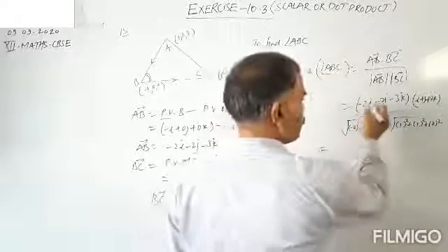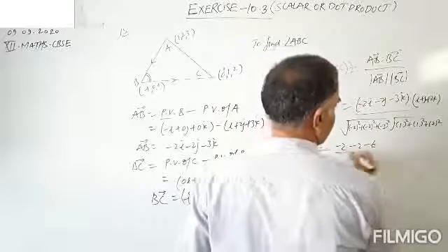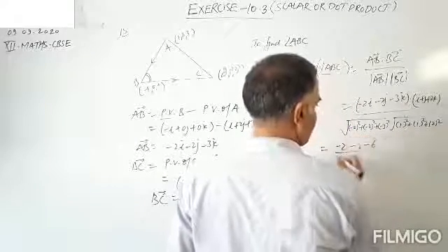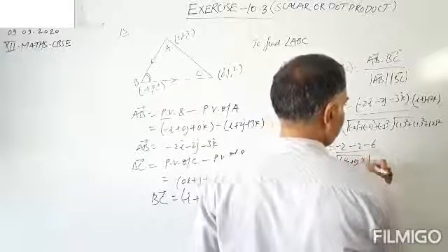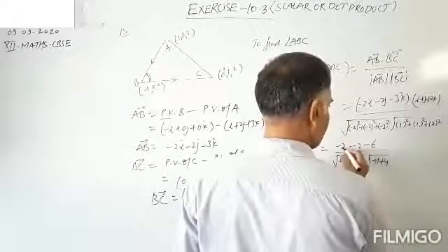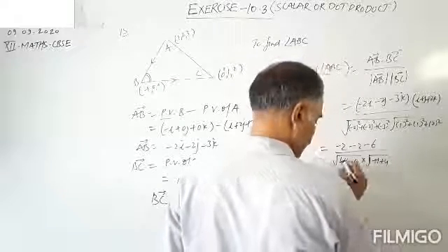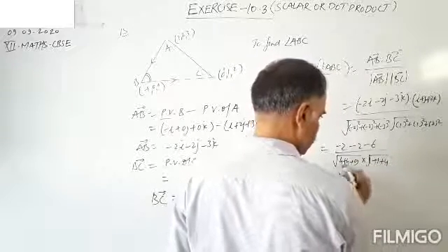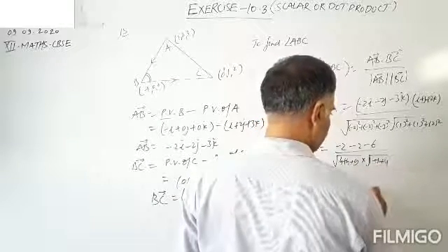Okay, so this is equal to minus 2 minus 2 minus 6, that is minus 10, divided by under root of (4 plus 4 plus 9, which is 17) into under root of (1 plus 1 plus 4, which is 6).